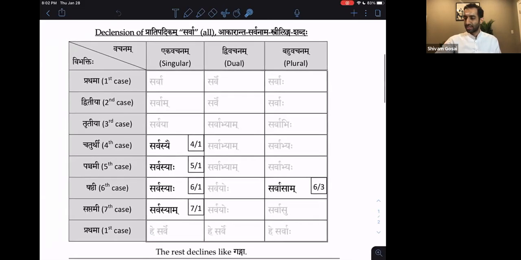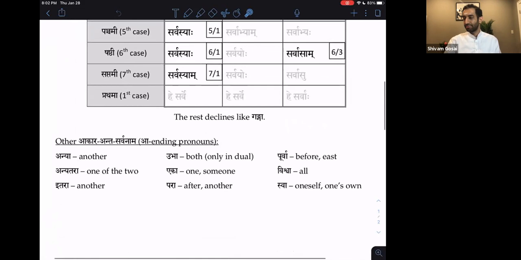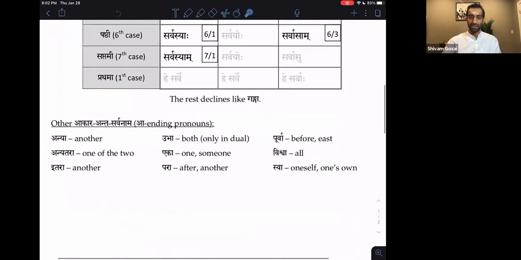Okay, there's some other vocabulary like anya, ubha, purva. You see these here? A few things to note. Ubha is only in all the dual cases, so only in this section will you get ubha. There's no such thing as a 1-1 ubha shabda.